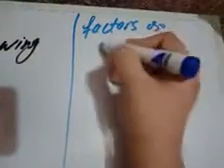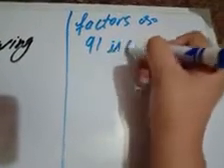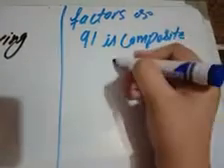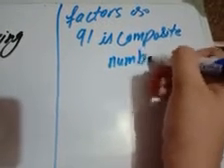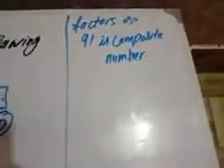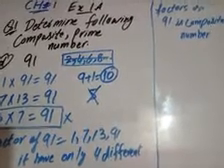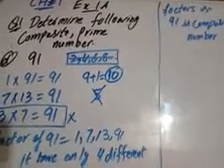So 91 is a composite number. The remaining part of question number 1 is discussed in the online classes. Next move toward question number 2.